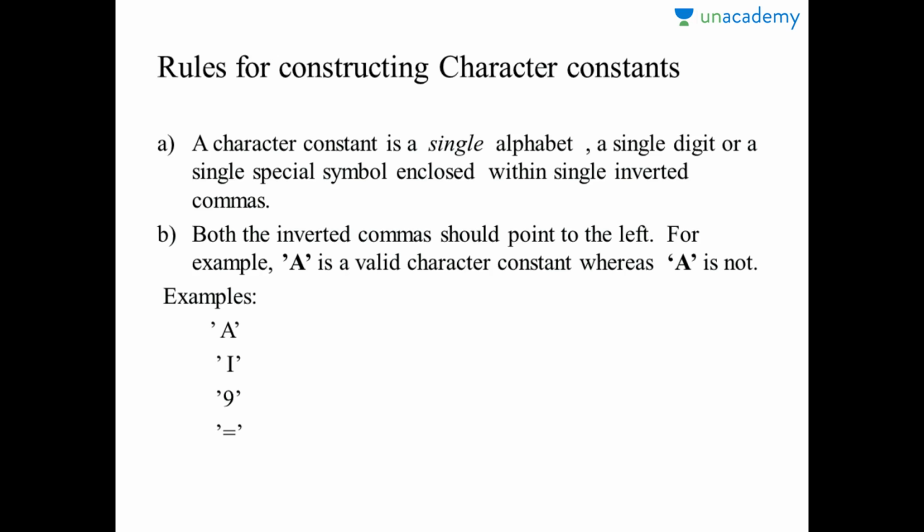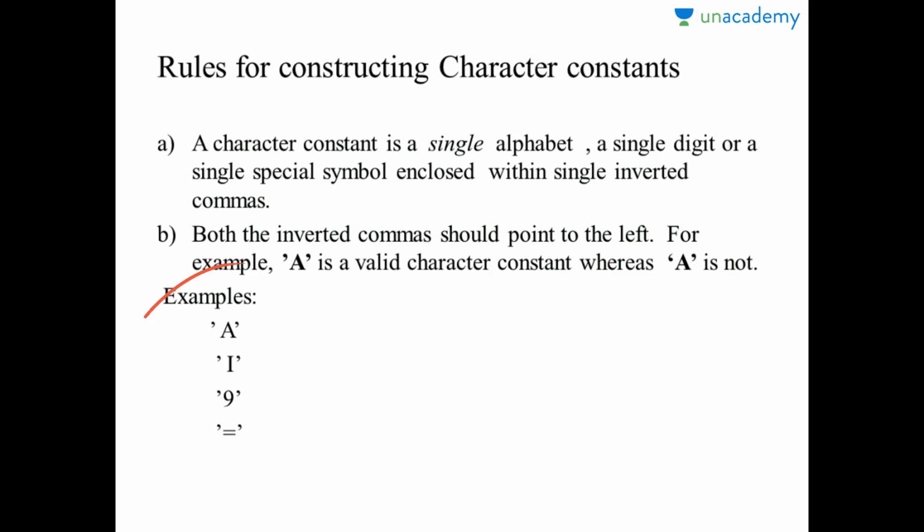While creating a character constant, we must enclose it within single inverted commas. Both the inverted commas should be pointing to the left. For example, this A character is valid because both inverted commas are pointing left, but this isn't, because one is directing left and another is directing right.